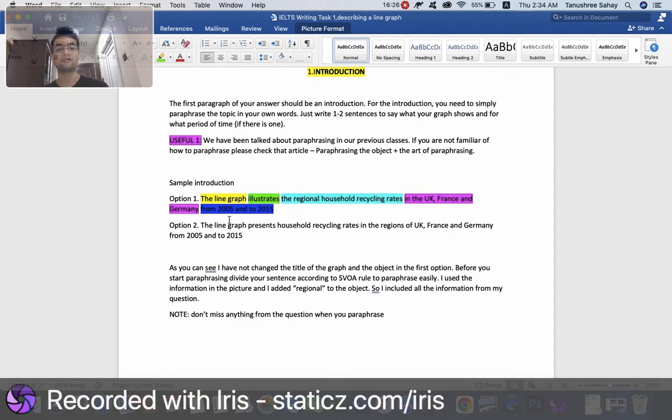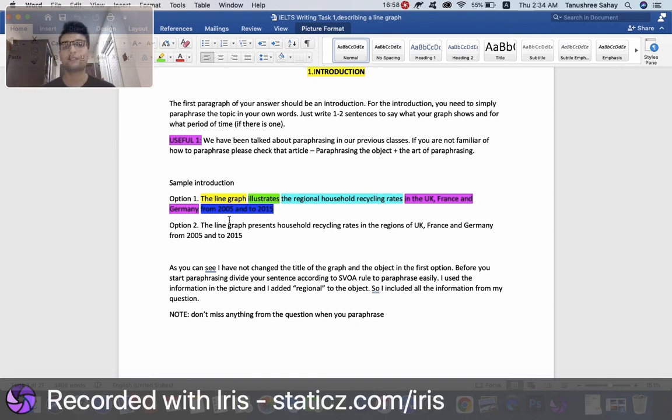So you keep the line graph, and then you paraphrase the rest of the sentence, especially the verb. The verb in the question is show, and I chose illustrate. You can choose something different. There are about 20 or 25 verbs that you can use. I also listed those verbs below in this material, and you also have them in your material called Paraphrasing the Object.